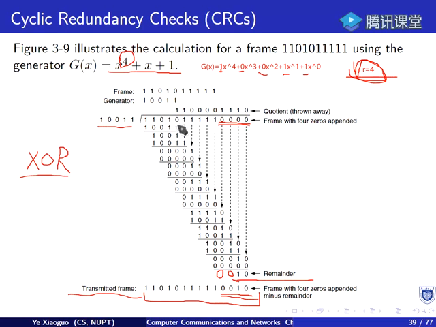If the 2 bits are different, we get 1. If the 2 bits are the same, we get 0.